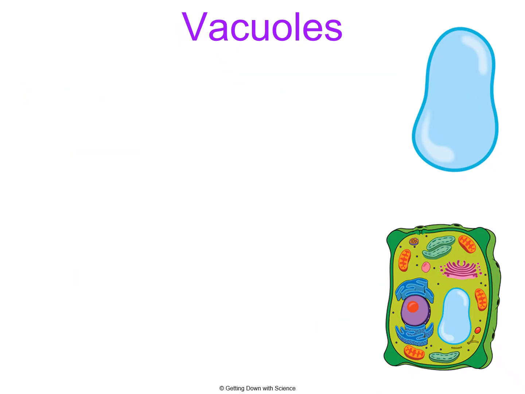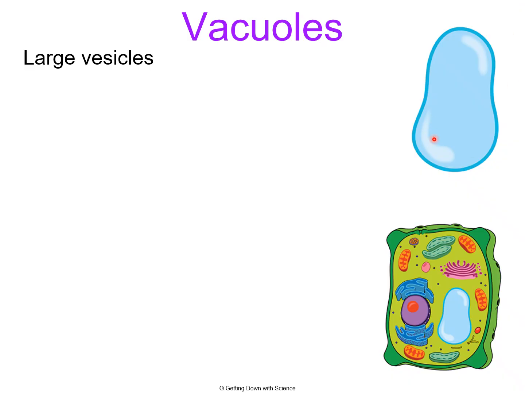All right, so let's talk about vacuoles. Vacuoles are pretty much vesicles, very large vesicles in some cells, that are responsible for transport. The picture you're seeing on your screen depicts a vacuole found in a plant cell. And we know it's a plant cell because the vacuoles in plant cells get very large.